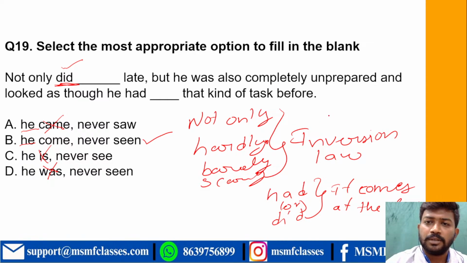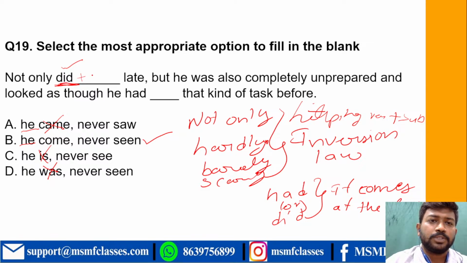Inversion law starts first with the helping verb, then after that the subject. So here also we have followed the same thing: helping verb plus subject plus V1, because did is already here, right? We should use V1. In case you get had, we use V3. So this is the complete explanation of this question.